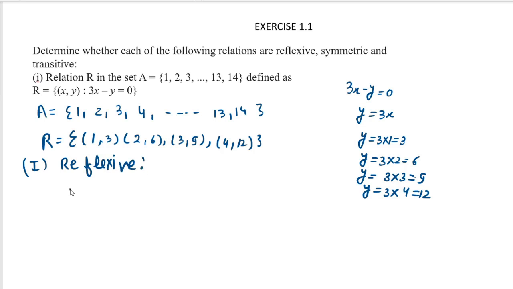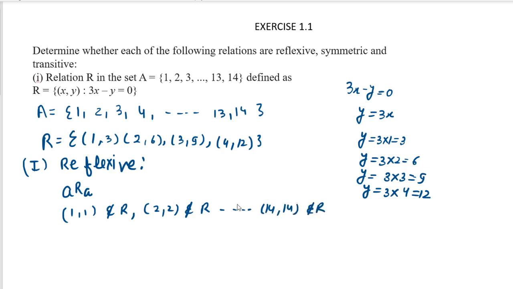Children, if A is related to A, if two same elements belong to any relation, then we can say the given relation is reflexive. Children, look at this part, (1, 1) does not belong to R. Similarly, (2, 2) does not belong to R. And even if I talk about (14, 14), it does not belong to R.